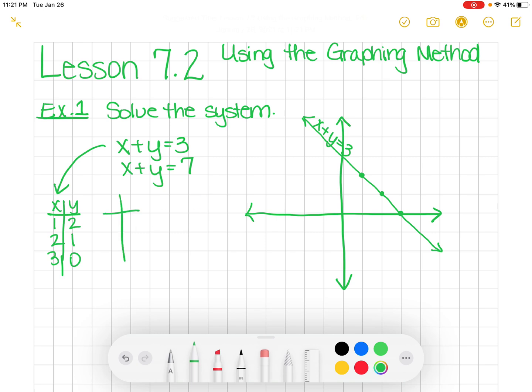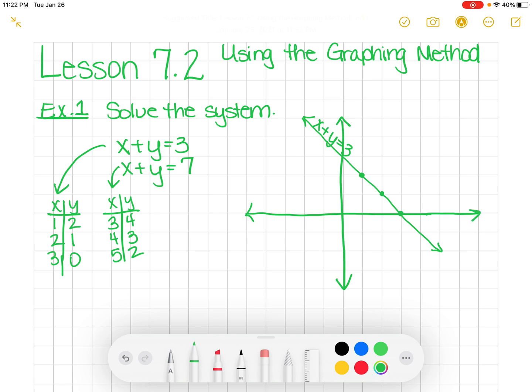So this t-chart, I need x plus y to equal 7. So I'm going to try to pick some numbers that are actually on this graph because I only went up to 4. I should have gone a little bit higher. So 3, 4 would work on that. 4, 3 would work on that. And I don't have it quite to 5, but I think I can stretch it out a little bit. So I'll do 5, 2. So I'm going to go over here, erase this, and make my graph stretch just a little bit more.